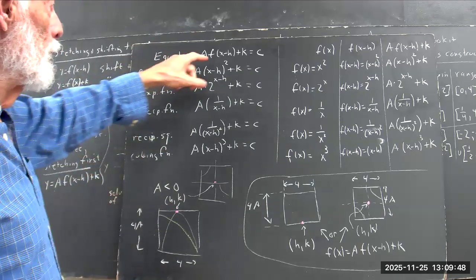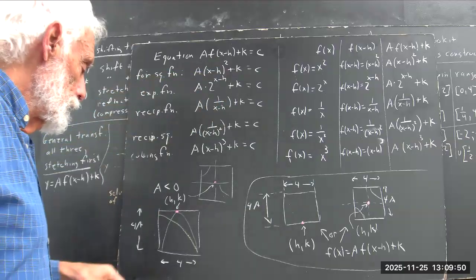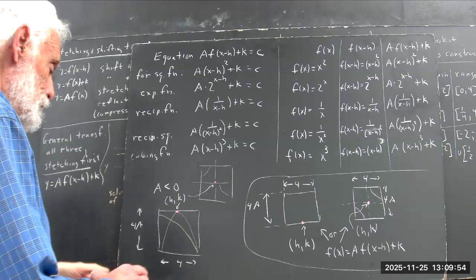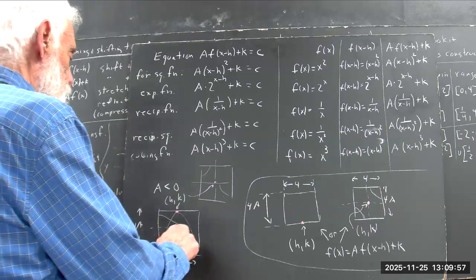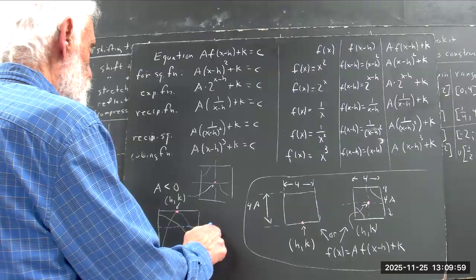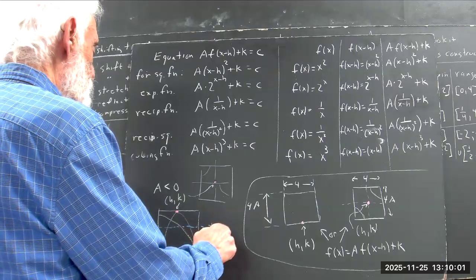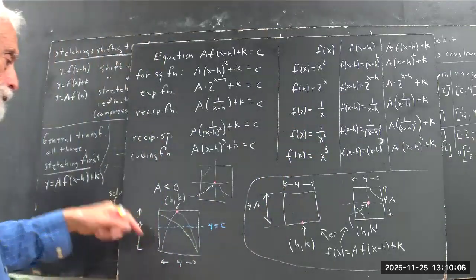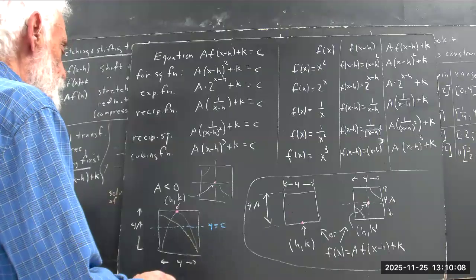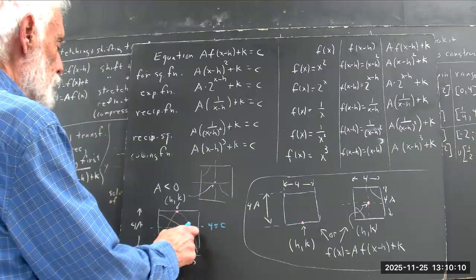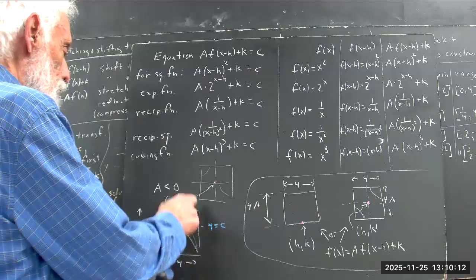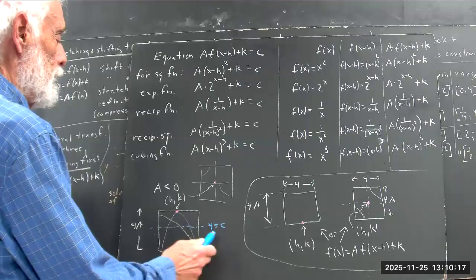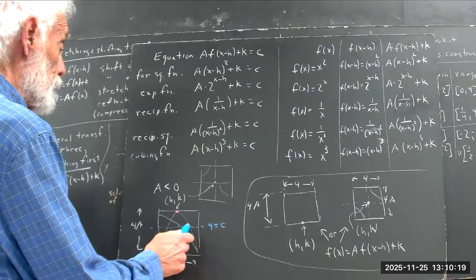Okay, well, what is your equation then? Because what we're wanting to do is solve the equation. So here, let's say this is a value of c. And whichever graph it is, I'll just draw it in this one. Then if we're doing the squaring function, we'd want to find the vertical lines through the points where the y equals c line intersects the curve.